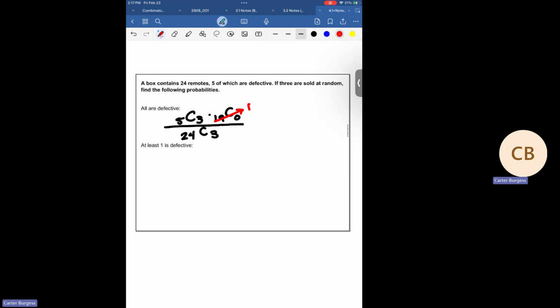I am going to add all these probabilities together. So we want to figure out the probability of having one broken and two work, the probability of having two broken and one work, and the probability of having three broken and zero work.